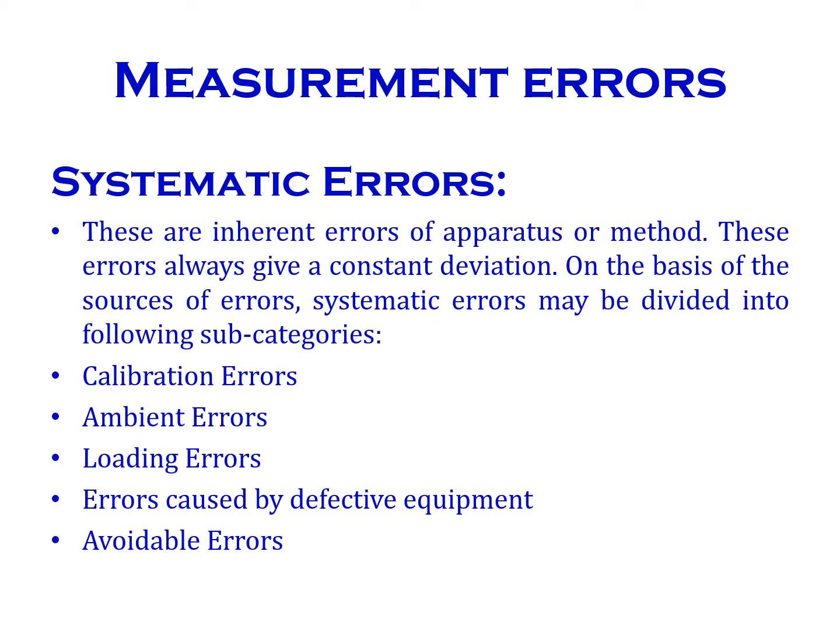Okay, now we will come to the third, systematic errors. These are divided into subcategories like calibration error, ambient or loading error, error caused by defective equipment, and avoidable errors. Systematic errors are avoidable errors, whereas random errors are unavoidable errors.